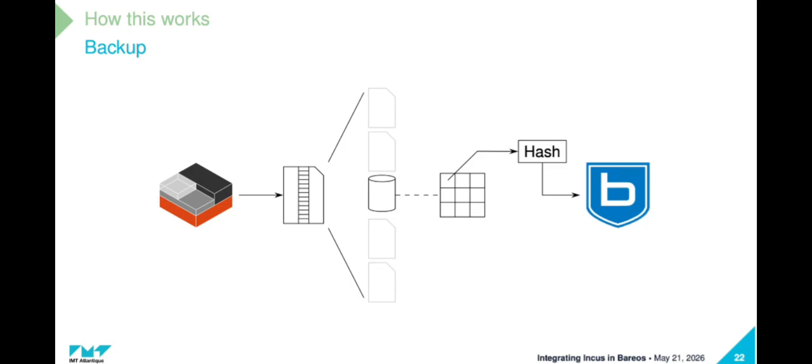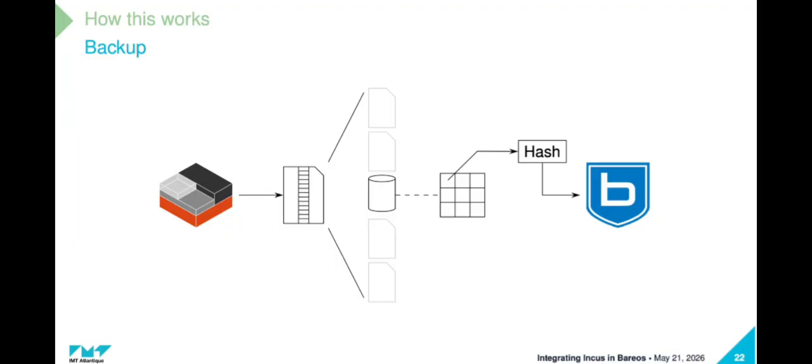So what I came up with is a way to cut the disk into chunks of data. As the disk image is being streamed by Incus, the plugin cuts chunks of data, computes a hash, and sends that chunk to Bareos.